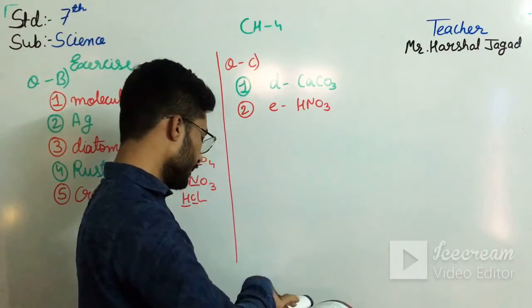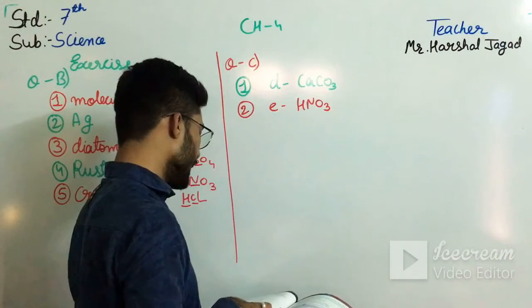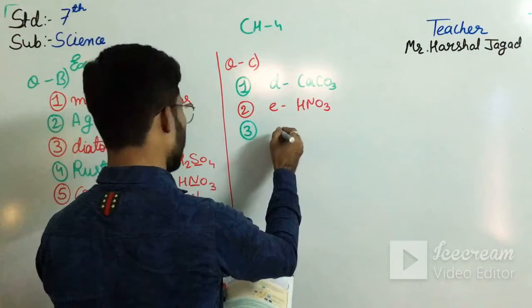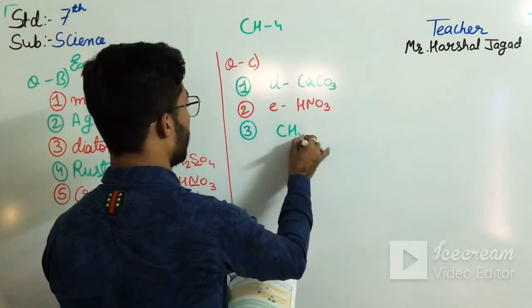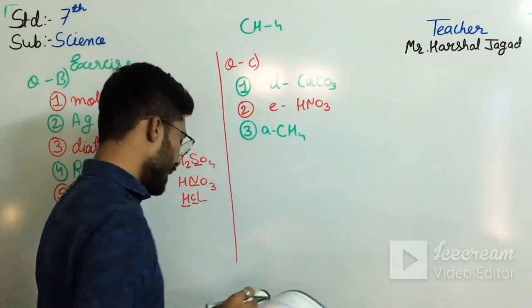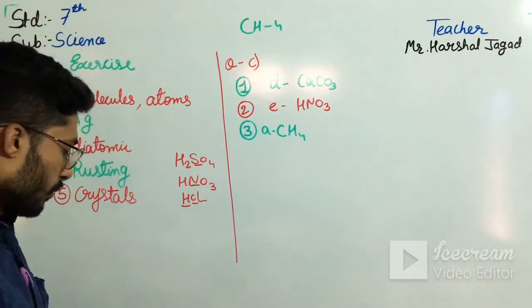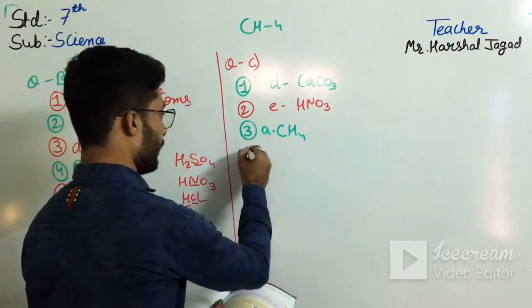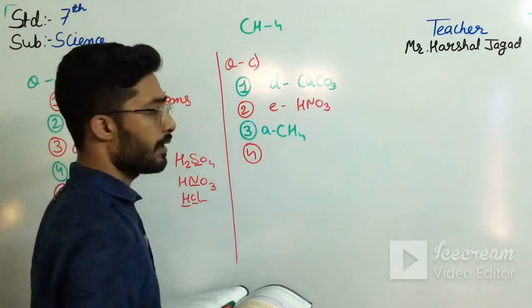Third one, that is methane. Here the molecular formula of methane, that is CH4. Fourth one, coming to the sulfuric acid.